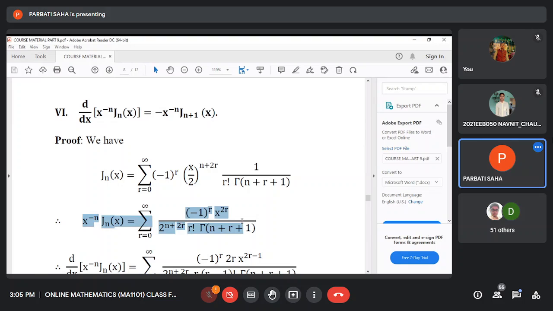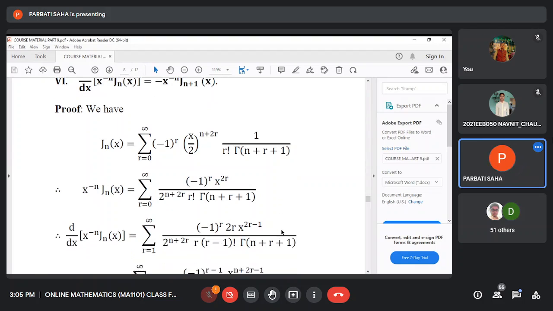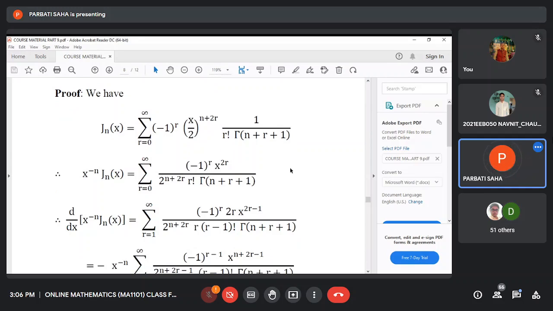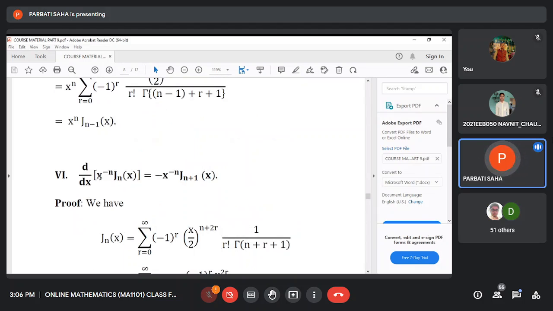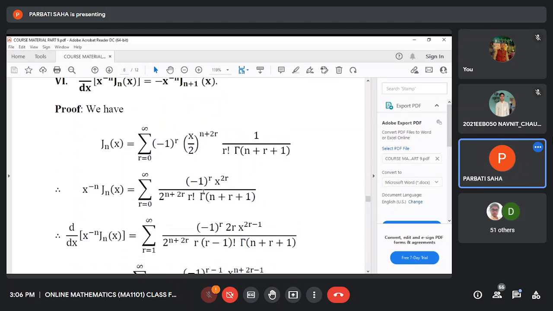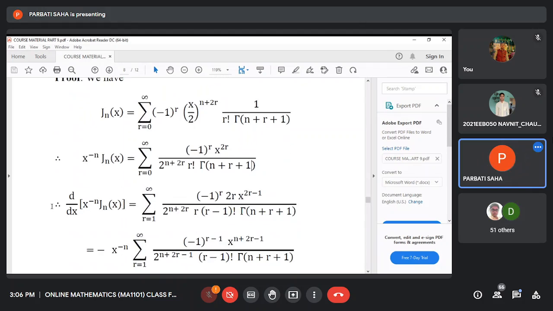So we should append this. x to the power minus n, so it is x to the power n plus 2r minus n, means x to the power 2r only. And the denominator is 2 to the power n plus 2r, r factorial, gamma n plus r plus 1. Now you have to compute d/dx of this.